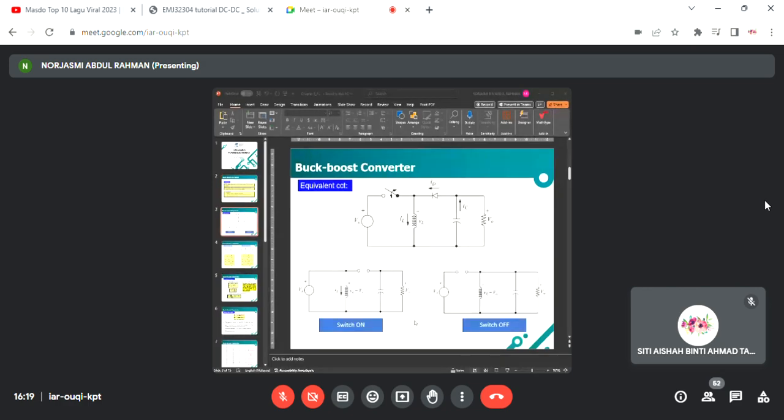Okay, so this is the topology, or circuit diagram, for the buck boost converter. You can see it is somehow different from the buck and the boost converter. The positioning of the diode, the inductor, and the switch, and also the polarity of the diode, is different. Other than that, it is still the same.